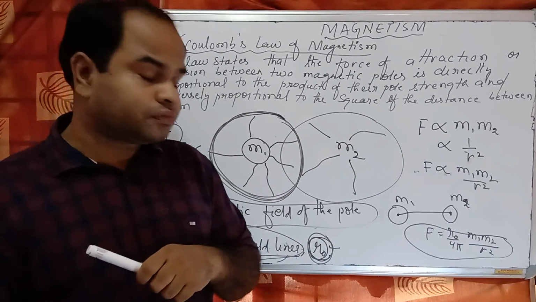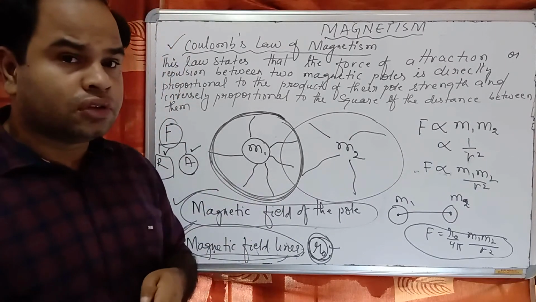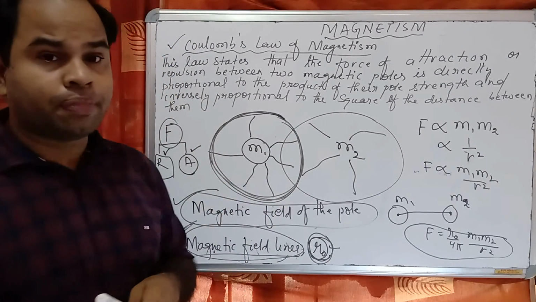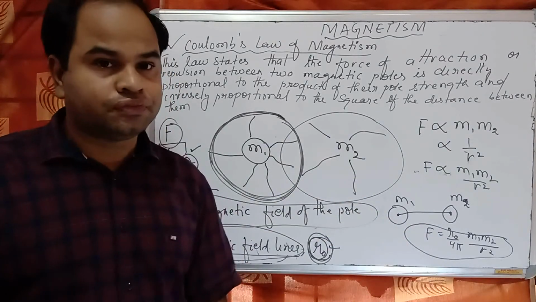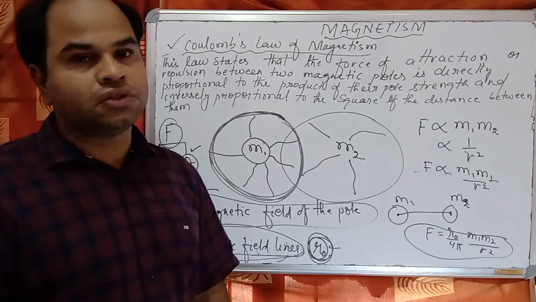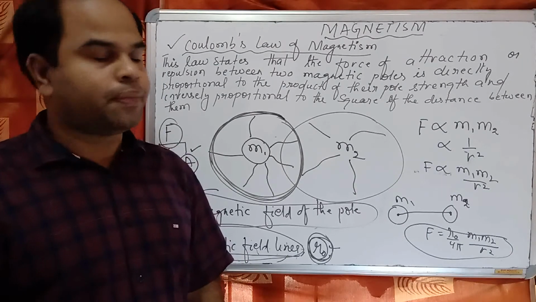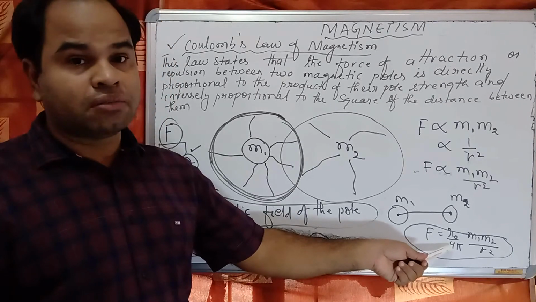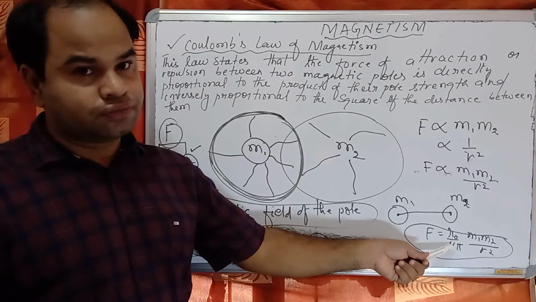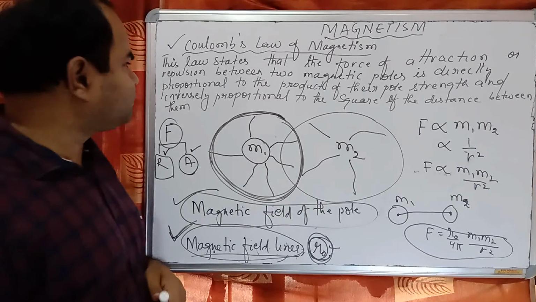According to Coulomb's law, this force is mu naught by 4 pi m1 m2 by r square. Know the value of mu naught, that is 4 pi into 10 to the power minus 7. Mu naught by 4 pi will be 10 to the power minus 7. Okay? It is written directly here.